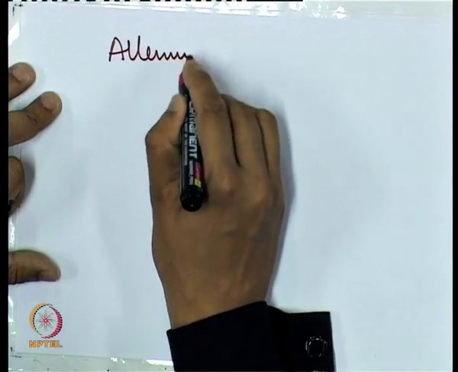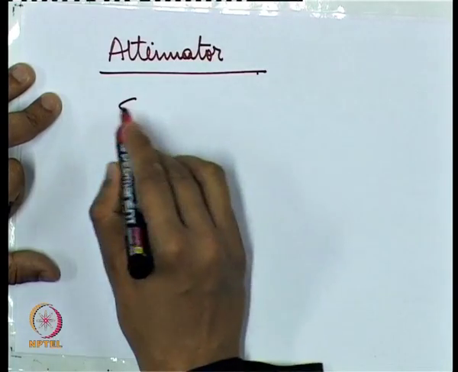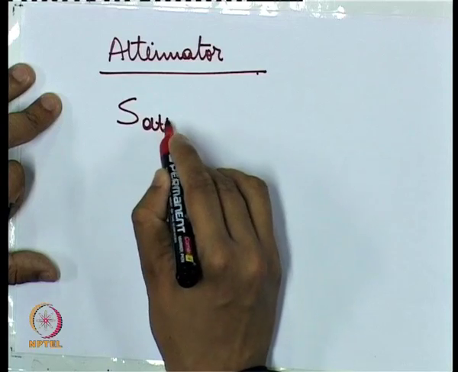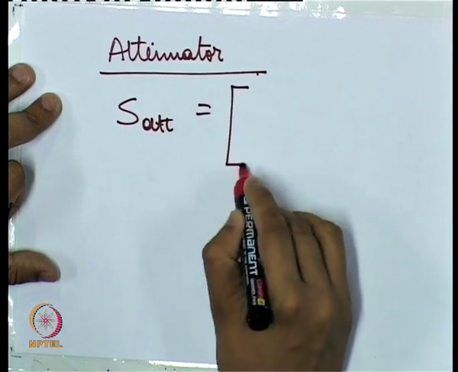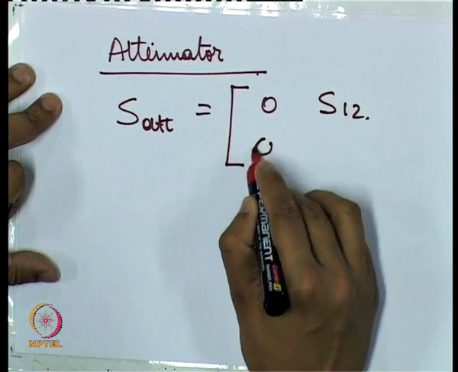Now, one simple example that I would like to show here is that of an attenuator. A simple attenuator is a two-port device whose S parameter matrix is given by this matrix.